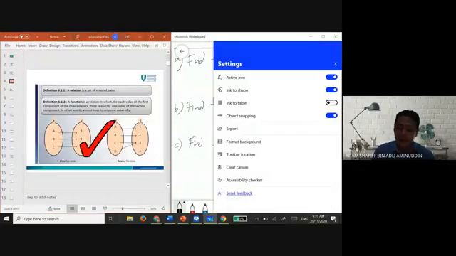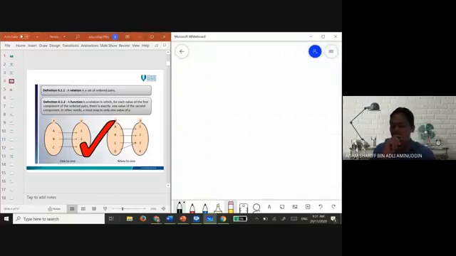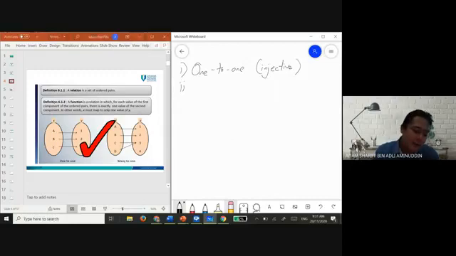Alright. We have the first one is 1 to 1. Okay, 1 to 1 is also known as injective. Kita ada juga many to 1 yang saya tak mau tunjuk kat sini. Saya nak perkenalkan konsep onto.